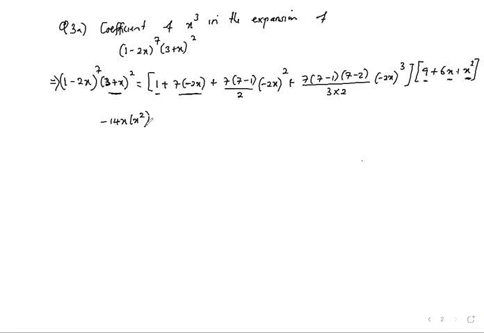So we keep it and then come here, pick this, that's plus 7 times 6 over 2, that is 84x squared. So this we multiply by 6x. Again, we have x power 3 there.